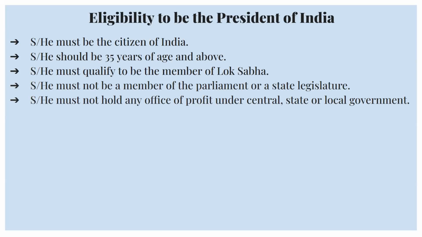Then he must not hold any office of profit under the central, state, or local government. You can say he must not hold any job in the government sector. So the person who qualifies to be a member of the Lok Sabha, and in addition is 35 years of age, is eligible to stand for the president's seat.